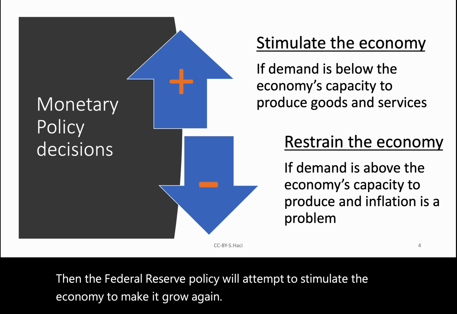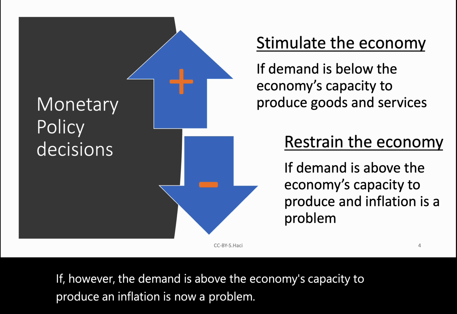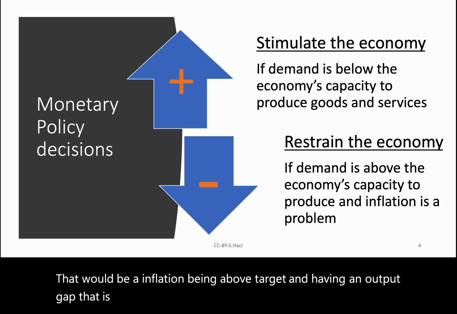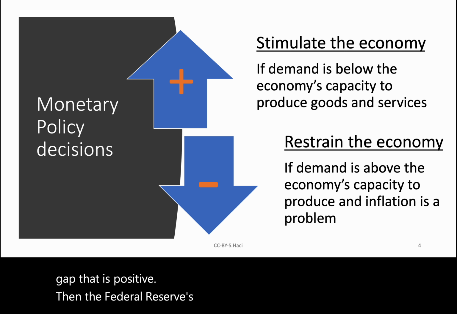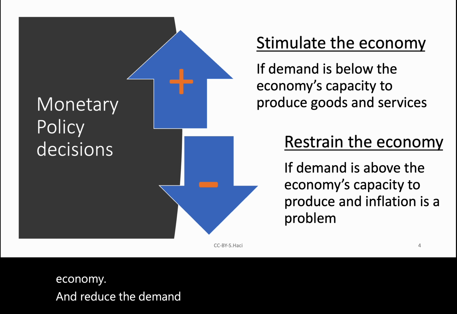If, however, the demand is above the economy's capacity to produce and inflation is now a problem, with inflation above target and a positive output gap, then the Federal Reserve's policy will attempt to restrain the economy and reduce the demand for goods and services.